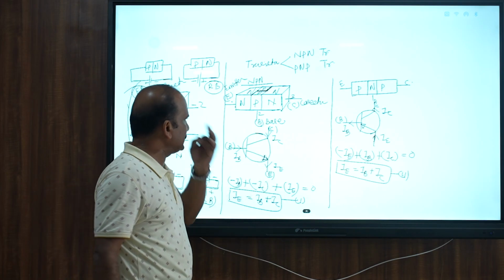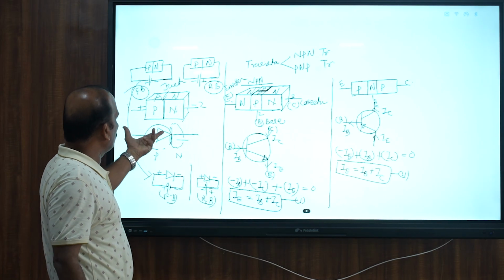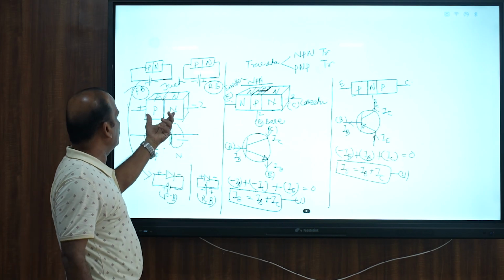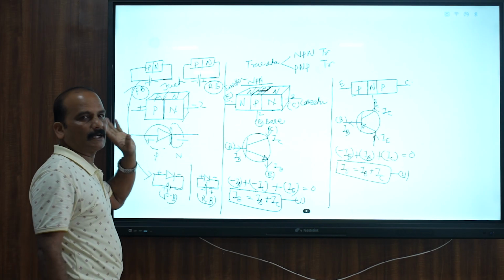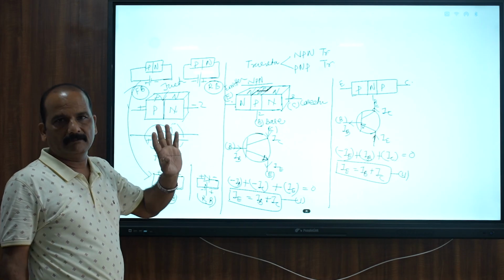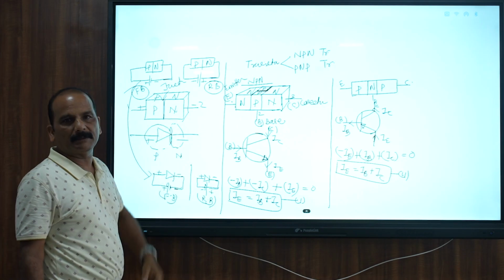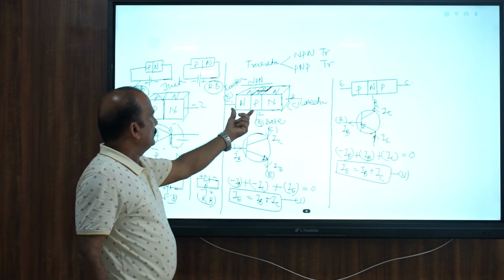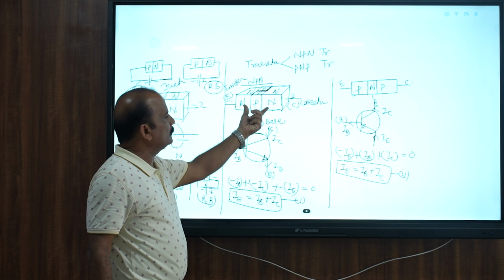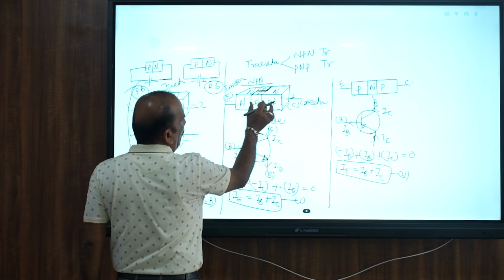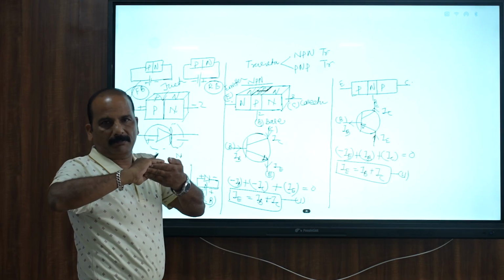Now the question arises: what is the role of the diode inside the transistor? In case of a diode, there are two semiconductors, one is P and another is N: P type semiconductor and N type semiconductor. But a transistor, of course, covers three layers, NPN. In these three layers, two layers have been overlapped.